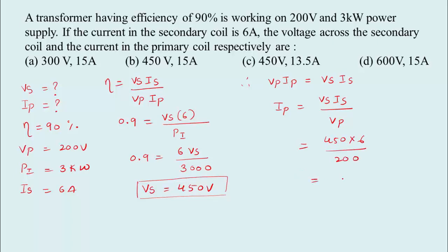So we will get 27 by 2, which is equal to 13.5 ampere. So current across primary is 13.5 ampere. So 450 volt and 13.5 ampere, that is, option C is right.